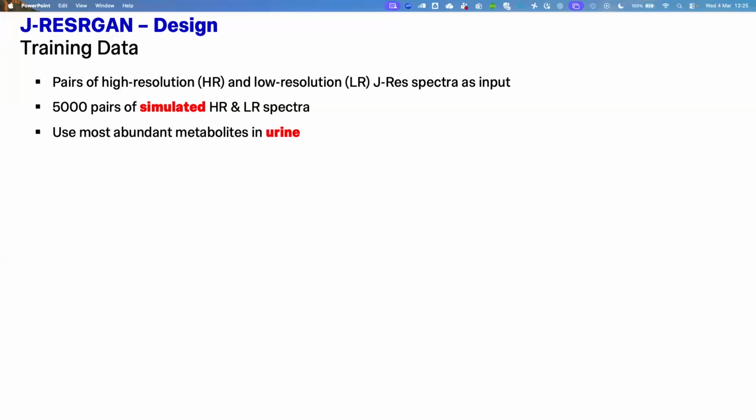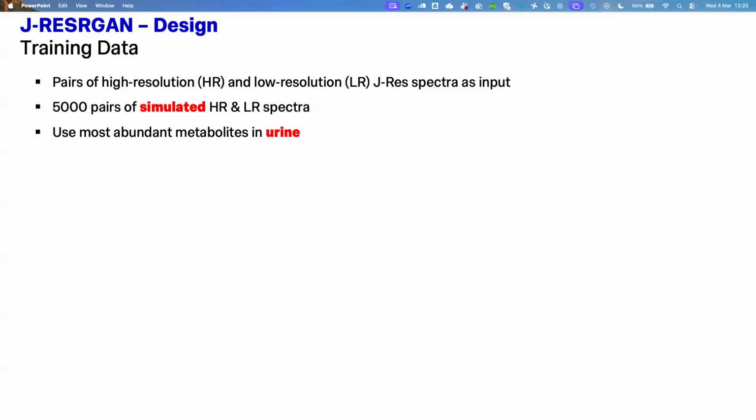Obviously, with deep learning, you need a lot of data to train these very complex networks. That's a big problem for us in metabolomics, because although we have quite a lot of data, it's usually not very well labeled or not reliably labeled. So what we did in this case was we simulated data, okay? The student had to build a simulator for that, but essentially we ended up able to generate thousands of pairs of low resolution and high resolution complex mixture spectra.